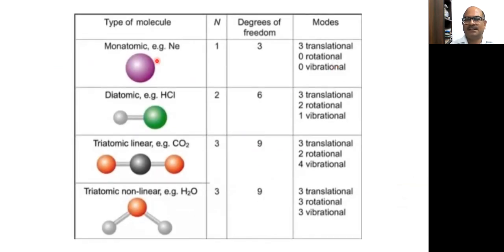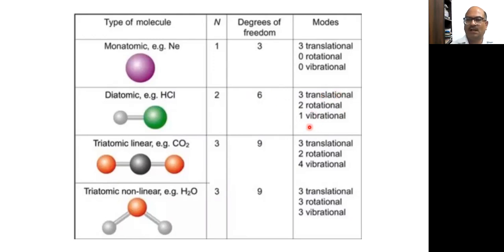You can understand from here, if we take the molecule example, a monoatomic molecule is here. So N is 1 only, so one particle is available, so the degree of freedom will be 3 translational, and rotational and vibrational movement will not be there. Then if a diatomic molecule is there, there will be 2 particles and the degree of freedom will be 6.